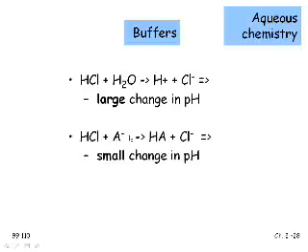And so if you have the conjugate base around, when you add a strong acid, you're not going to have the full change in pH that you would have had otherwise. And so the presence of this compound is going to reduce the change in the pH. We say it has buffered the change in pH. It is taking an input and making it have a smaller effect.